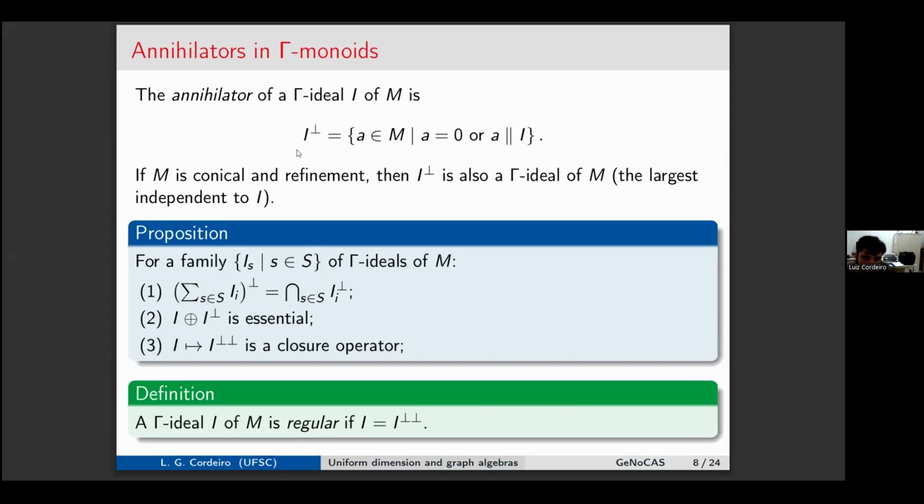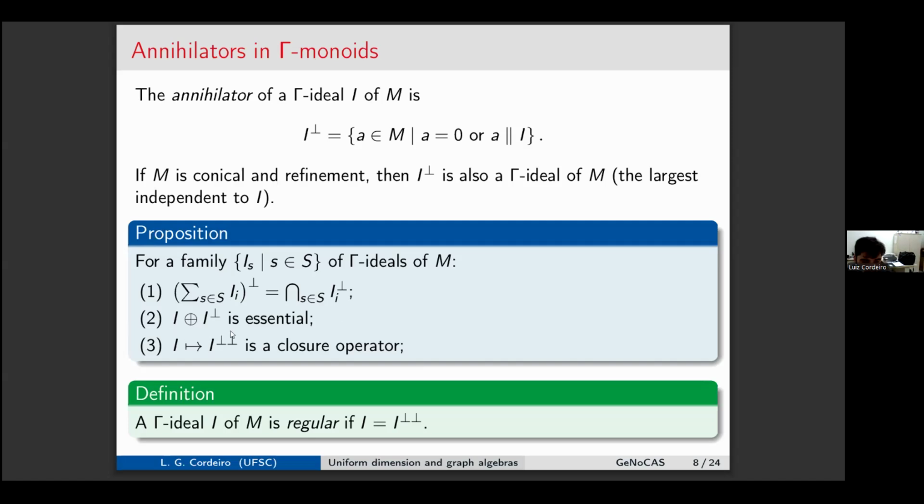And this annihilator construction satisfies a few of the usual properties of a complement, as this proposition states: for a family of gamma ideals of M, the annihilator of a sum is the intersection of the annihilators. The other property, that the annihilator of an intersection should be the sum of the annihilators of the terms, does not necessarily hold. Okay?